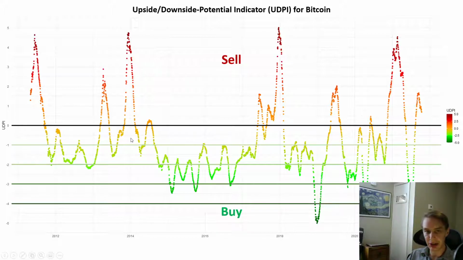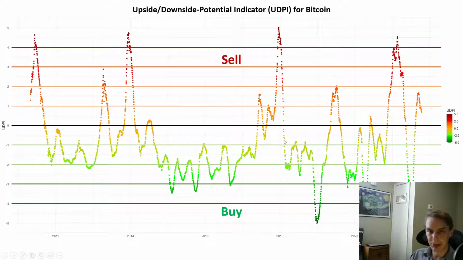You could say that I'll buy some Bitcoin when I'm between the 0 and -1 in the UDPI. And maybe I'll DCA in a bit more, average in a little bit more when we're down between -1 and -2. And then maybe I would DCA even more if I'm down between -2 and -3, so on and so forth, all the way down to the bottom.